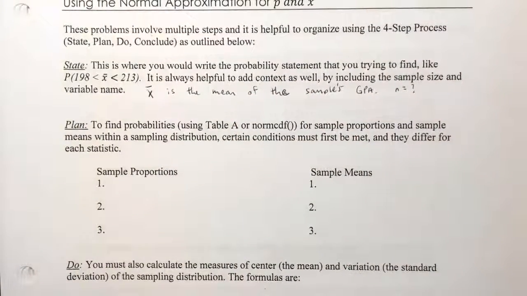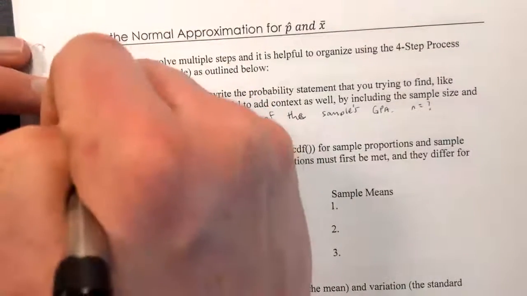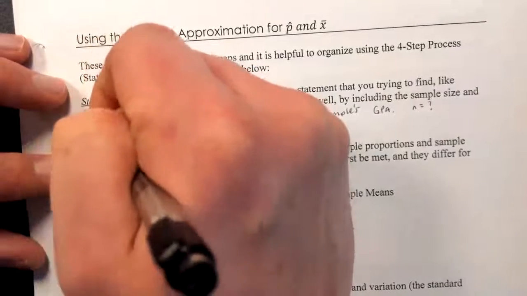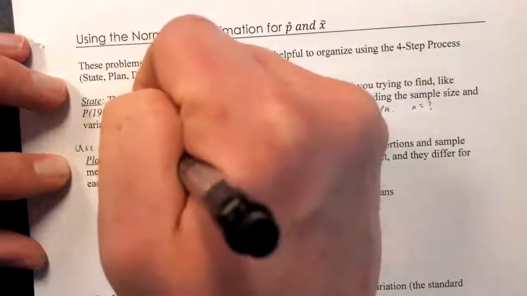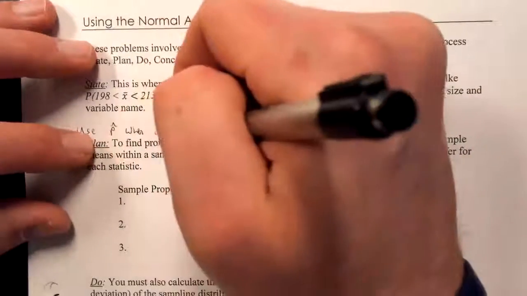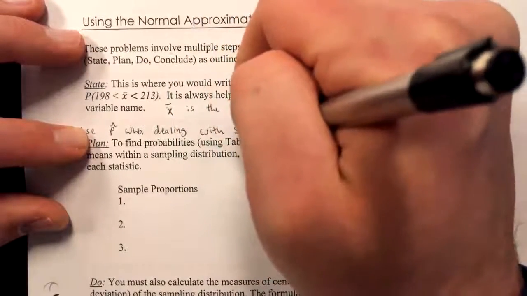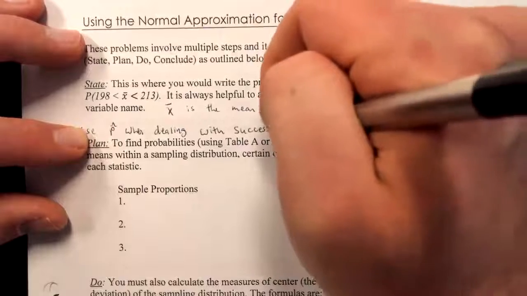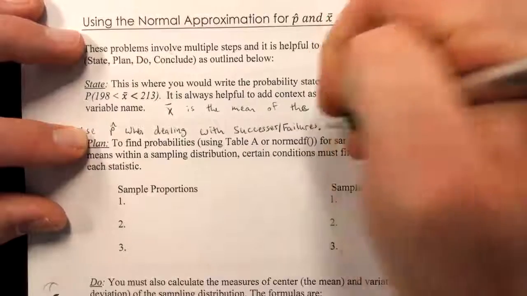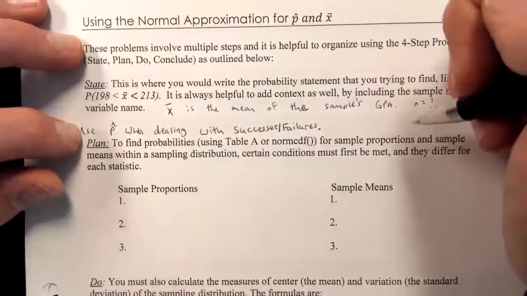A decent guide: use p hat, use proportions, when dealing with successes and failures. When you're getting a proportion of successes to failures, that is when you would probably want to use p hat.